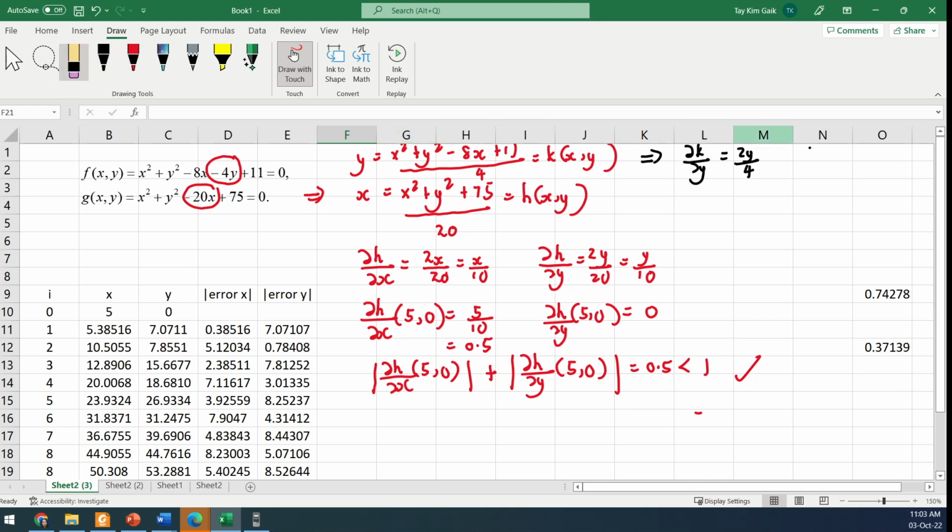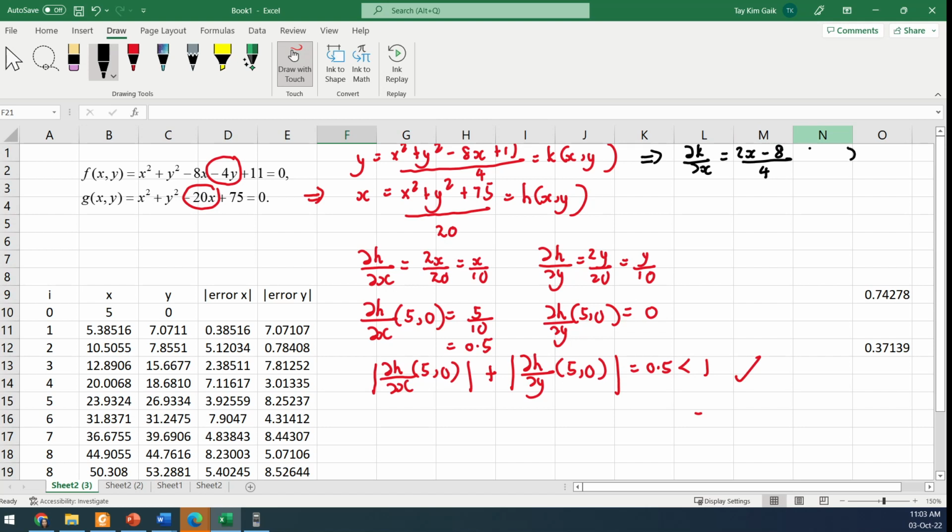Find x first: del k del x. K is a function x squared plus y squared minus 8x plus 11. Then you find del k del x, so it is 2x minus 8 divided by 4.